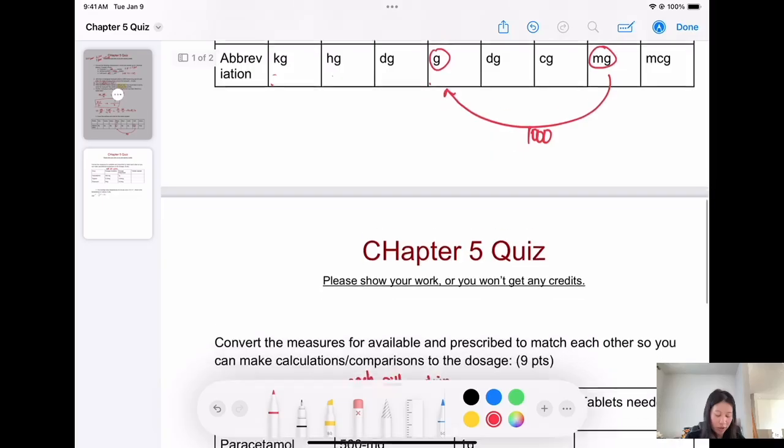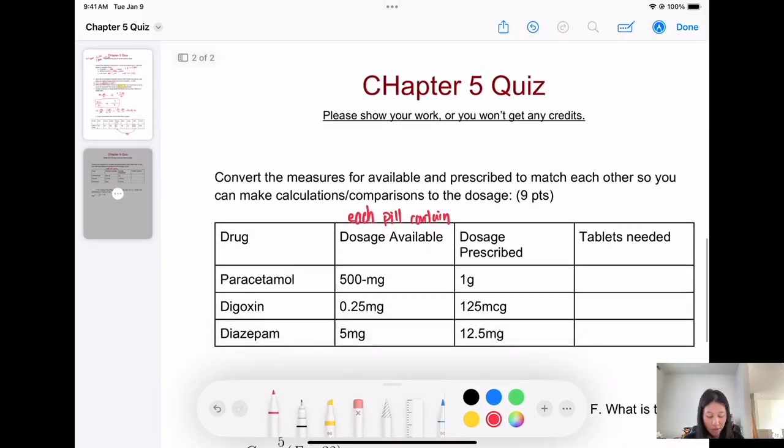So the converting unit is 1,000. That means 500 milligram is going to equal 0.5 gram. So if each pill contains 0.5 gram, how many pills do we need? Well, we will use 1 gram divided by 0.5, which gives you 2. So that means we need 2 tablets.